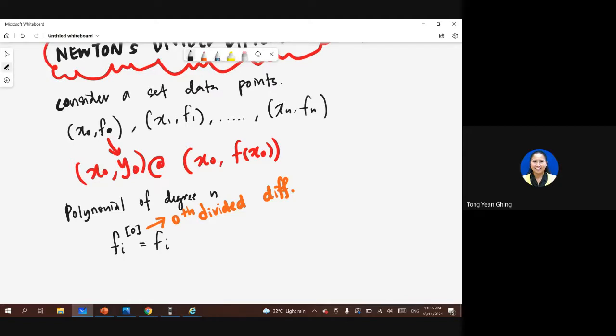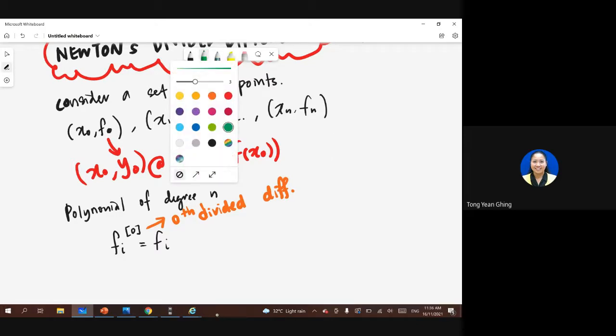If let's say I say f2 0 divided difference, that means the value of f2, which is y2 or f of x2, the value of y when x is 2.